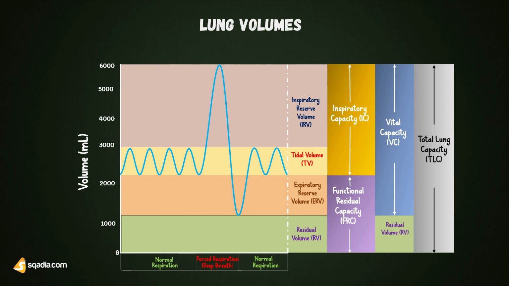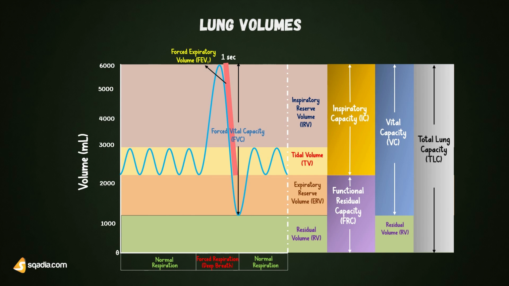The volume of air which can be expired forcefully in 1 second after a deep inspiration is called forced expiratory volume 1, or FEV1. Lastly, the volume of air that can be exhaled forcefully and rapidly after a maximal or deep inspiration is called the forced vital capacity, or FVC.